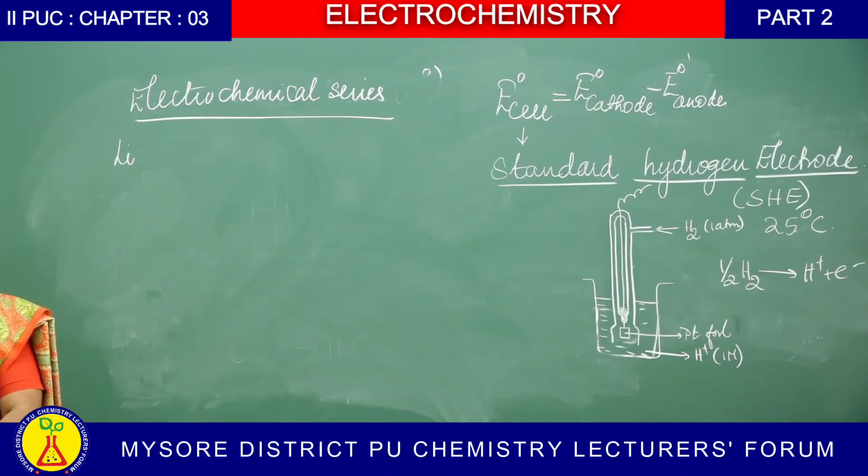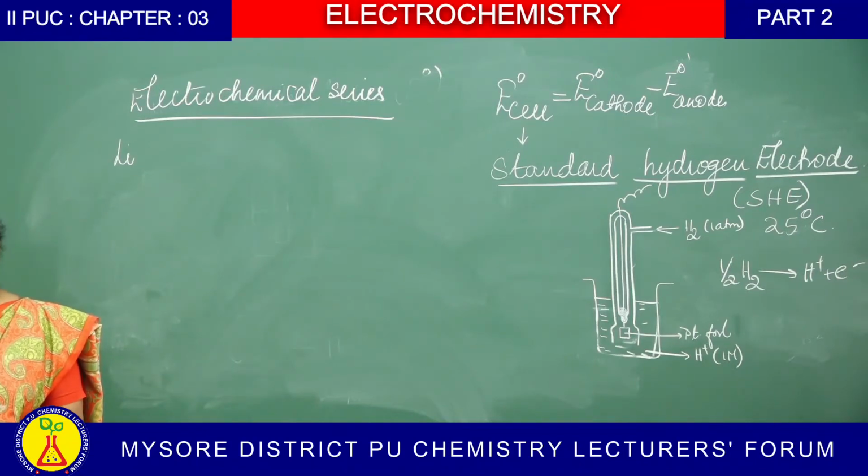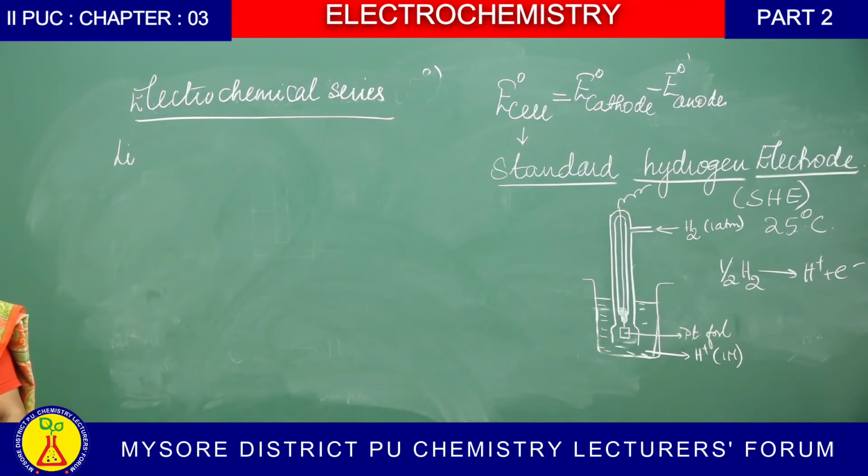Now, the electrochemical series can be used to determine the electronegative character or the oxidizing power, and the electropositive character or the reducing power. All these can be obtained by knowing the standard electrode potential.